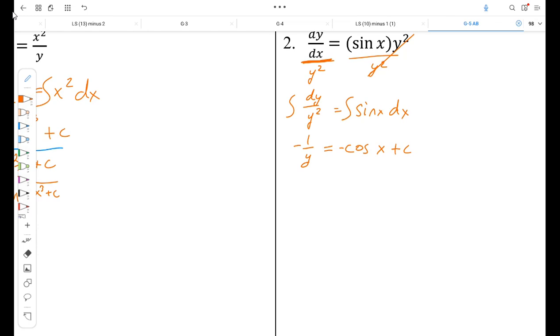My right-hand side needs to be a fraction, and that c has to come into the denominator. I can't just reciprocate cosine x and then put plus c over at the end. That's not going to be algebraically equivalent. So I end up with negative y equals 1 over negative cosine x plus c.